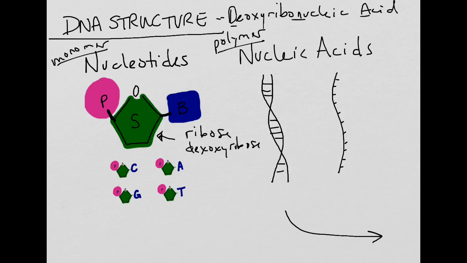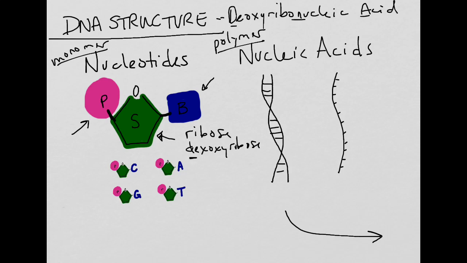Now we're talking about DNA, so the one that we'll be seeing in these drawings is deoxyribose. Okay? Either way, as you can see, the sugar is here in the middle of our nucleotide. Our nucleotide in our nucleic acids will always have a phosphate group, and it will also have a base.